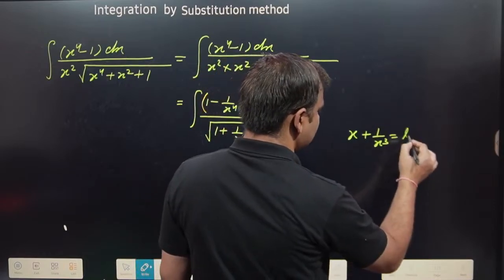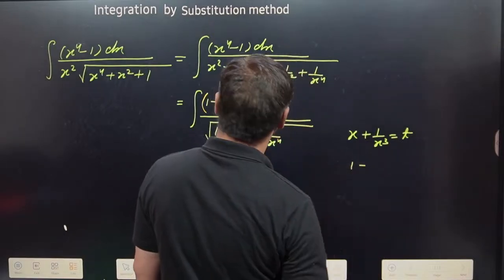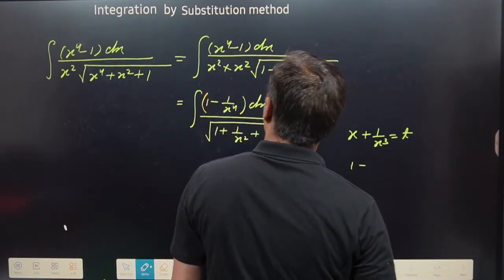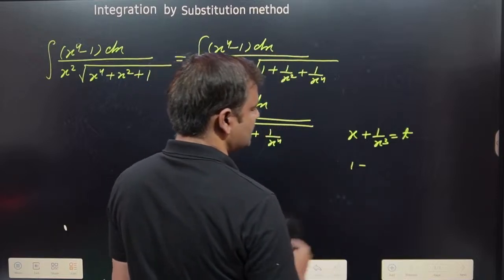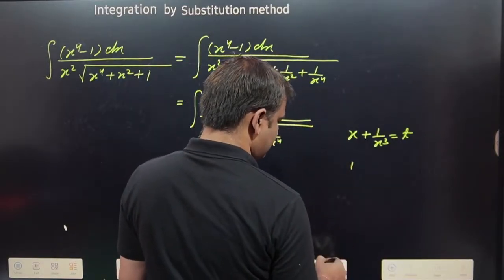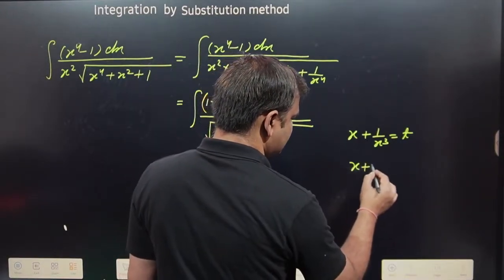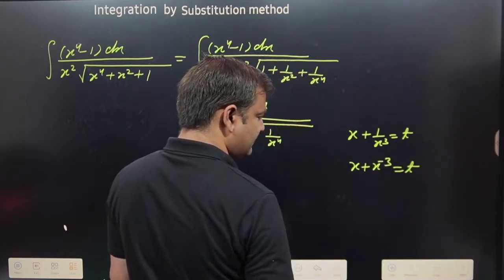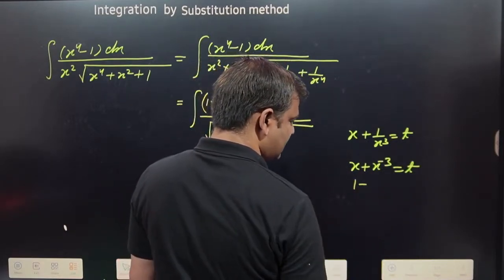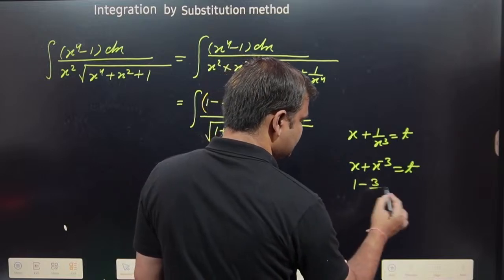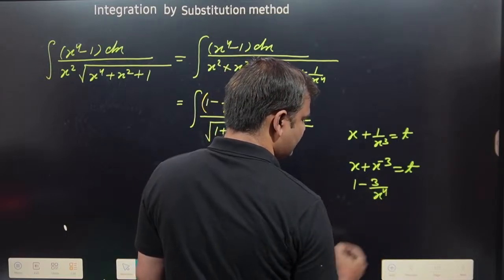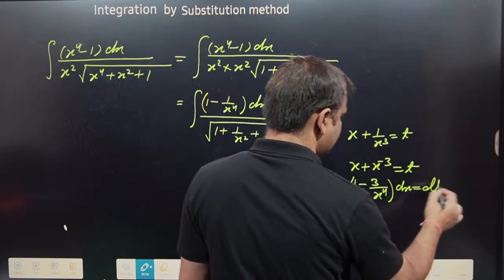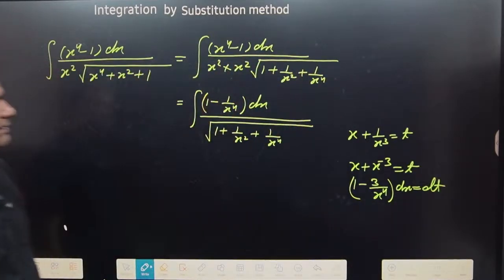If this is taken as t, then basically x plus x to power minus 3 is equal to t. If we differentiate this, then we get (1 minus 3 upon x to power 4) dx is dt. Okay.